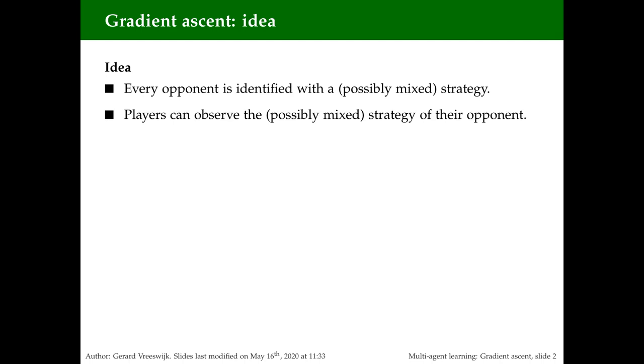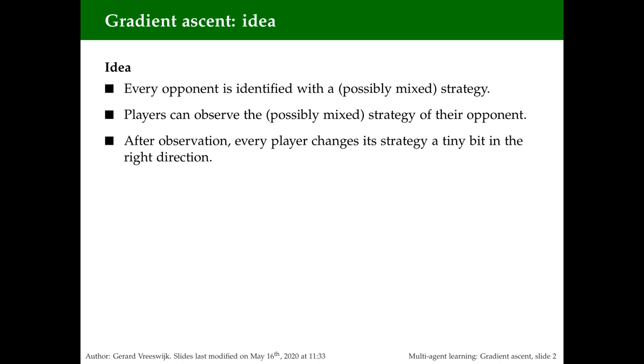You can observe that possibly mixed strategy of your opponent, and after observation, the idea of gradient ascent is that every player changes his strategy a tiny bit in the right direction, and the right direction is of course best reply. So you don't give exactly best replies as in fictitious play.